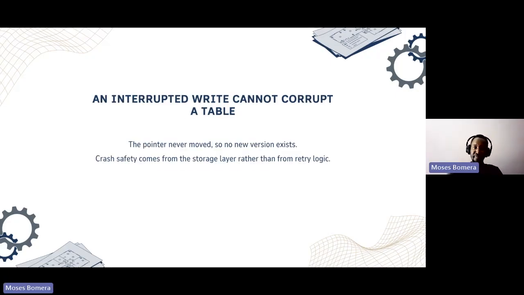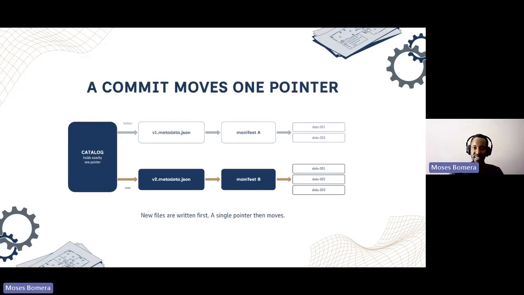Then, updating the tables does not change existing files. See if you can see it on this diagram. When you add more data, because the files are immutable, a new copy of the data is written. So whatever exists stays existing. It's just that another data file gets written and the metadata pointer moves to that version.